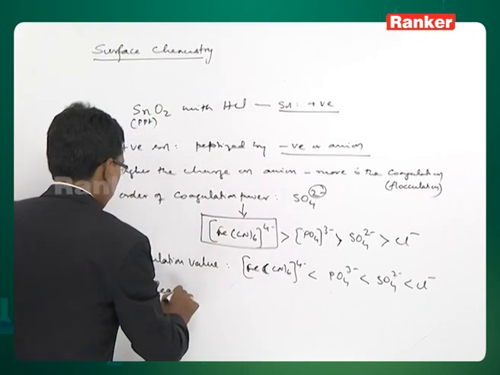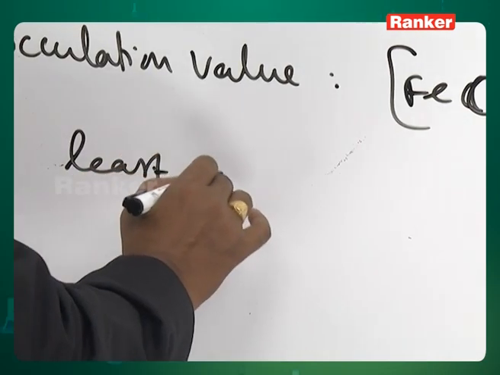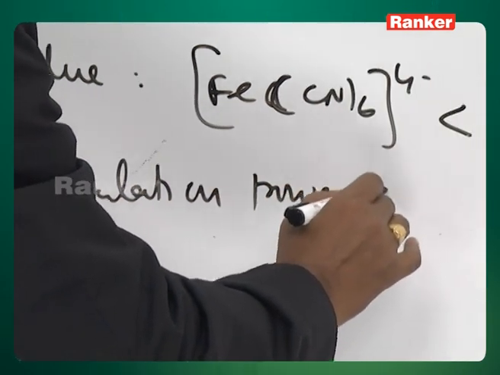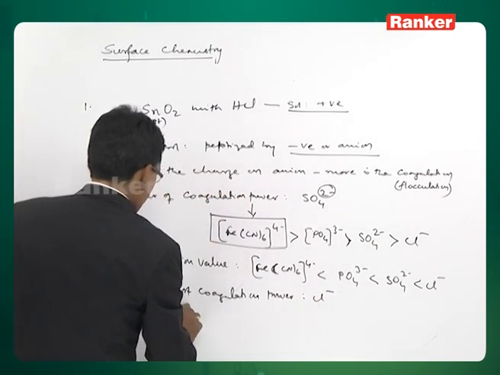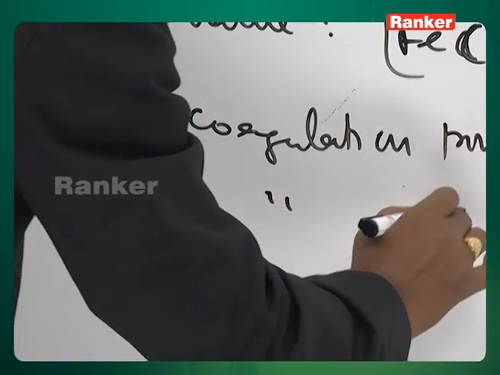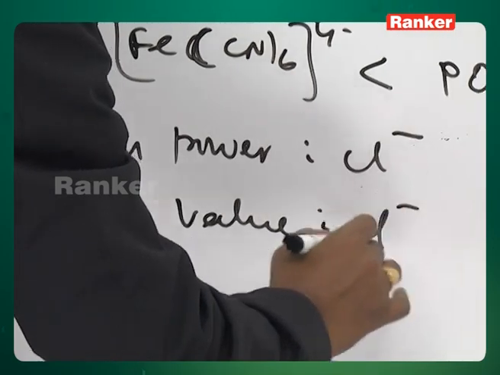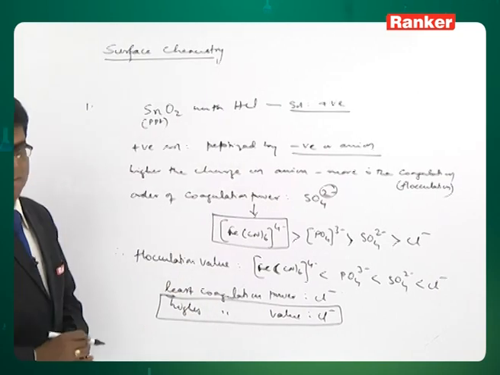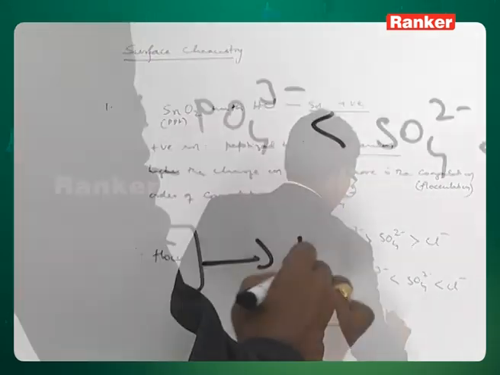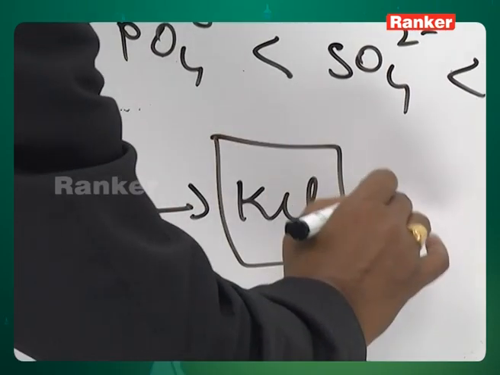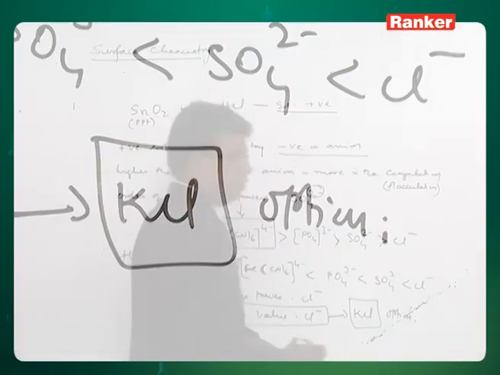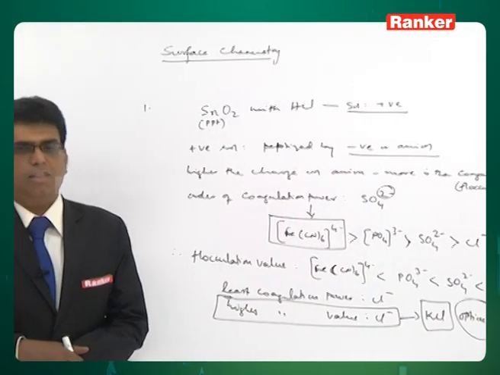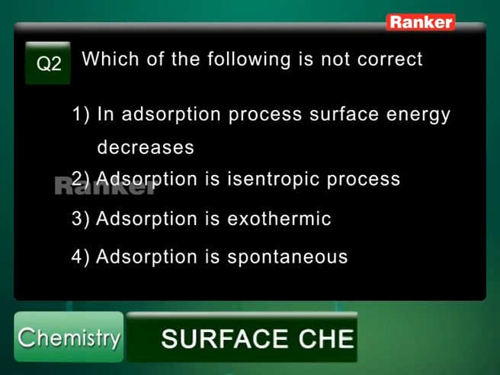Therefore, the least coagulation power is chloride, highest coagulation value is chloride. So, the answer for the given question is the chloride, that is KCl, that is the second option, is the correct answer.